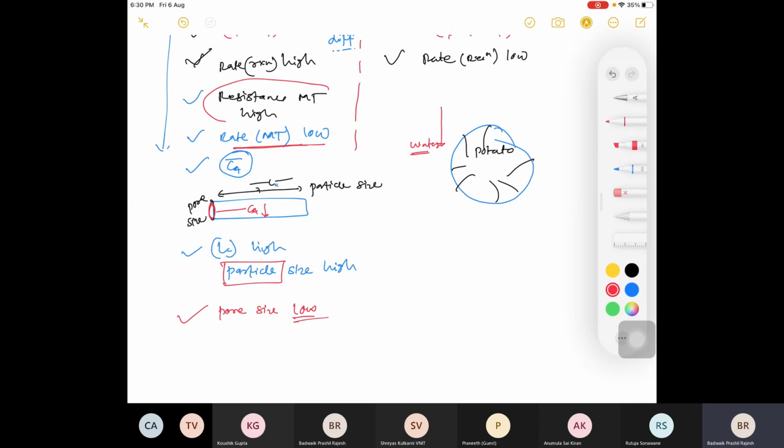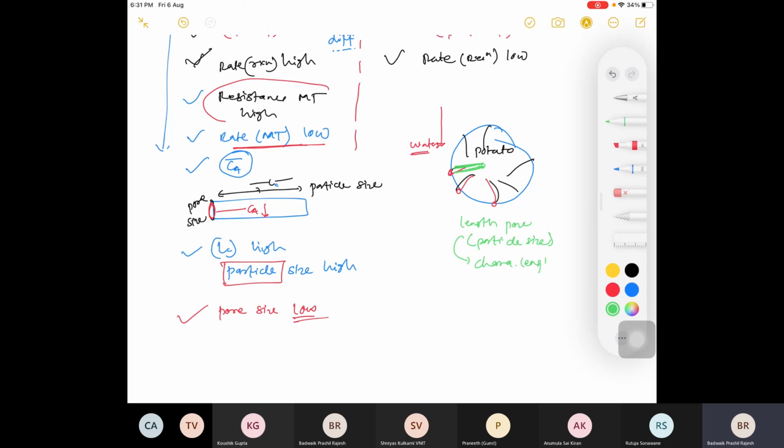Now suppose this is your pore size, and this length I'm drawing inside, this green one, is your particle size or characteristic length, or I may say it is the length of the pore. So you can say length of pore, particle size, or characteristic length.